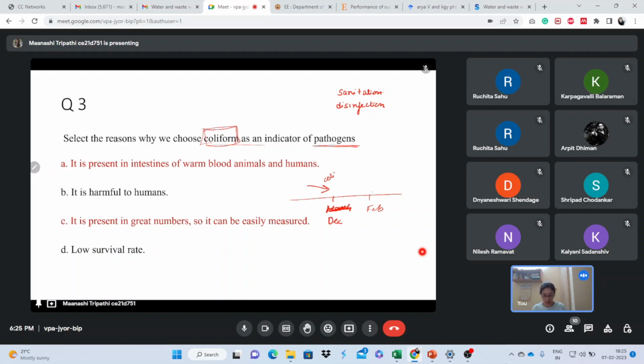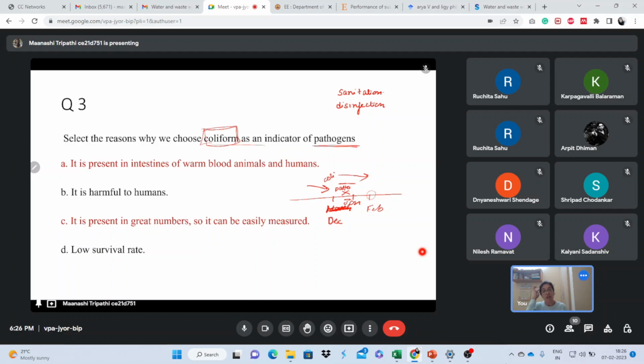And if you are checking the water body in February, then in between, it is possible that pathogens were there. Between December to January, pathogens were there, but by January they died. They are finished. But still, coliform will be visible in February. So that is also one of the reasons that we use coliforms.